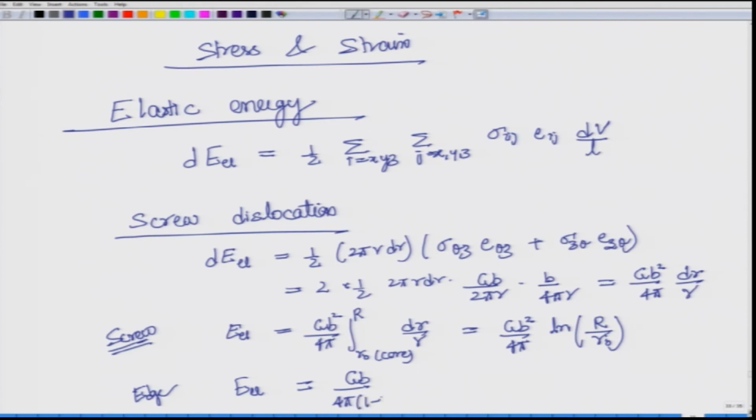We still retain this component 1 minus nu, and the rest of the relation is exactly the same. So, you can see that we have a relation for screw dislocation and edge dislocation, because we had the stress field and the strain field that we had obtained.